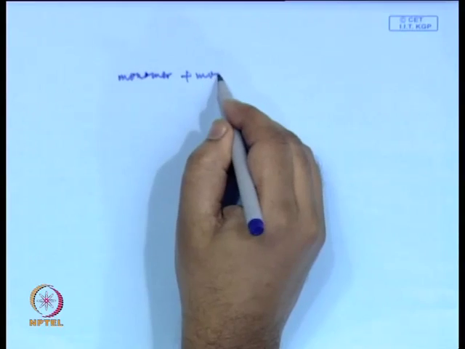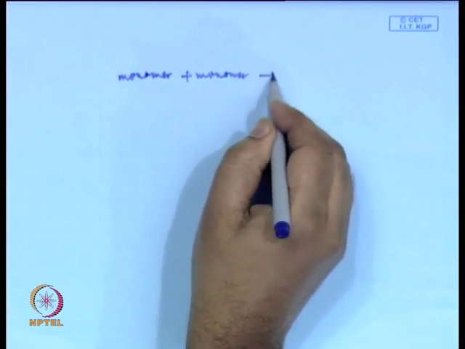Now, in the case of step growth polymerization, a monomer reacts with a monomer at the beginning and gives you a dimer.